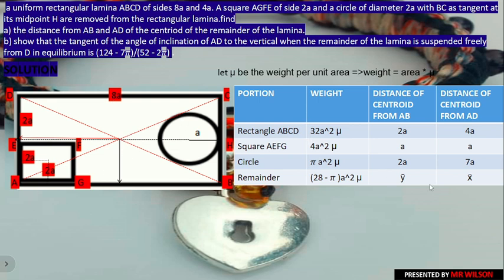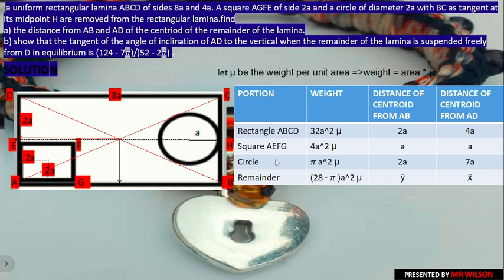So we are going to be calling that distance y bar. Okay, we do the same for the distance AG from the center of the remaining body to the line AG, and we are going to get that distance to be x dot dot. Normally we use y bar and x bar, but for this case I will use x dot dot. Okay, so here is x dot dot because it is a horizontal distance moving along the x plane.